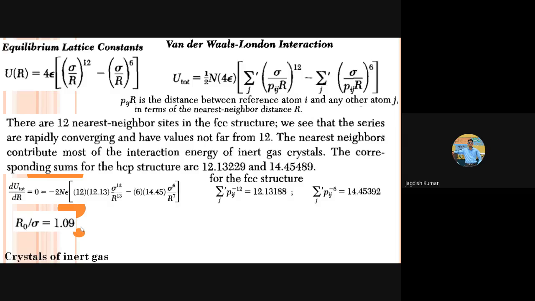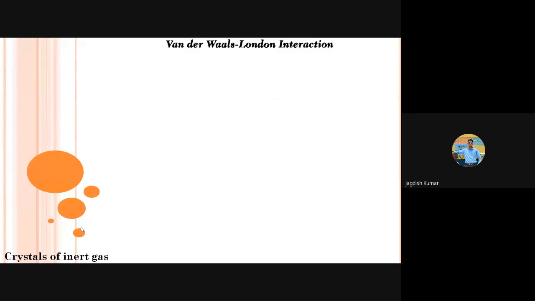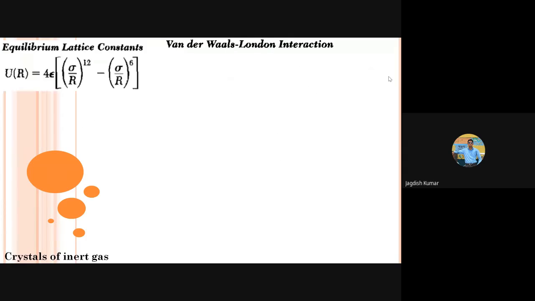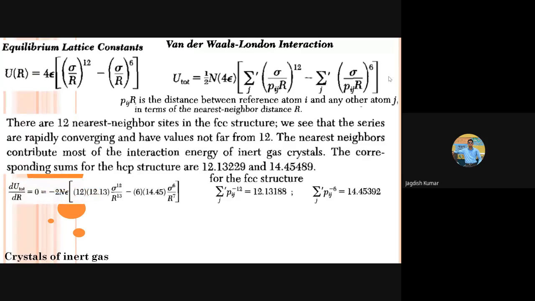So now I hope you have noticed that while we were discussing pair potential, what was R over sigma for two particle interaction? That was just 1.12, isn't it? And now when we are thinking of a crystal which is actually made up of so many pairs, meaning a large number of atoms, this value comes out to be 1.09. That was 1.12.